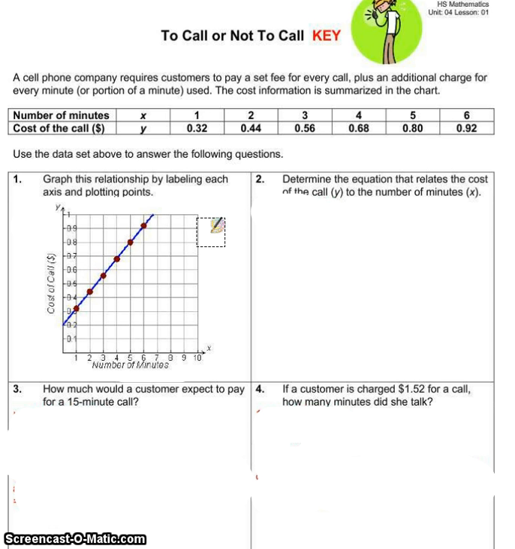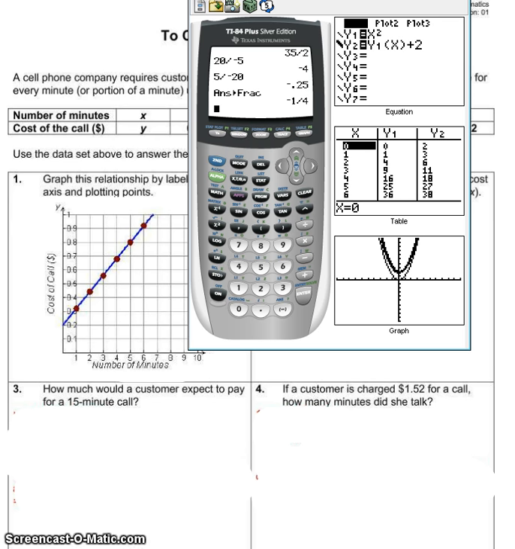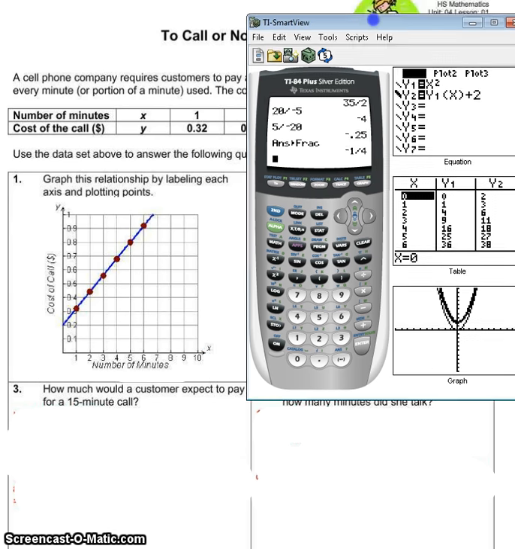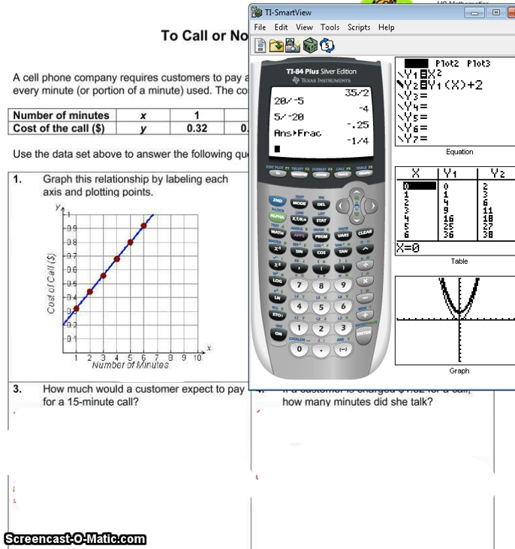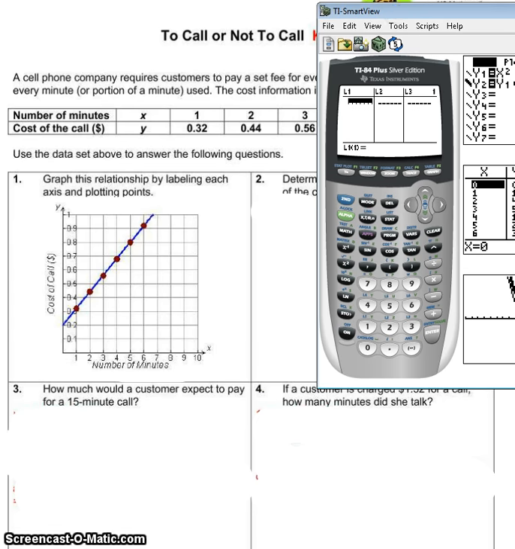Okay, let's move on to number 2. Now I want to determine the equation that relates the cost of the calls to the number of minutes. How can I determine the equation? I could use my calculator. And remember we talked about where I would put this information in my calculator? I would go to Stat, I would hit Enter, and then I would import this information.